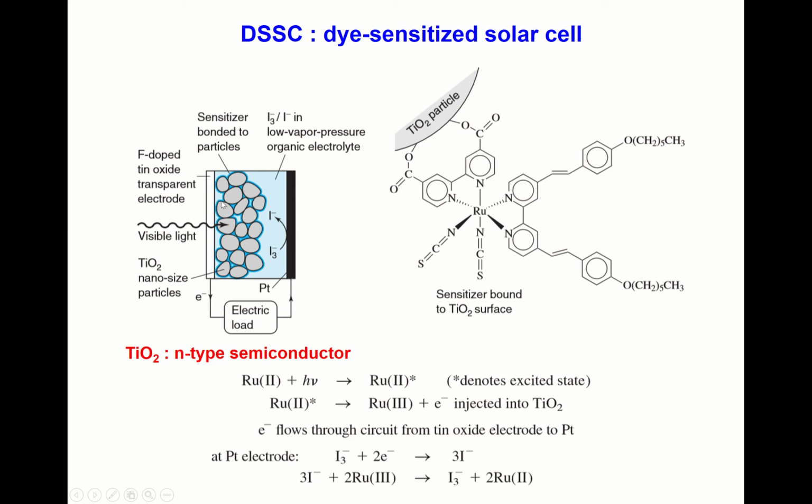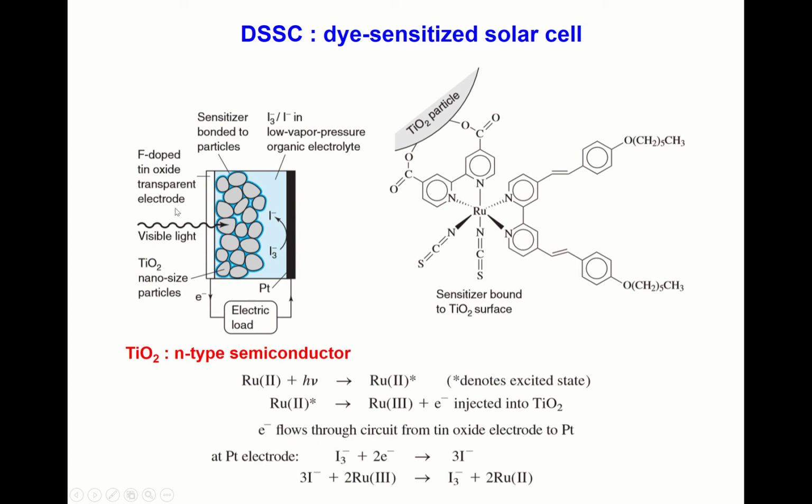Usually, they use a transparent electrode with high electrical conductivity. One good material is tin oxide. This is transparent, but its electrical conductivity is very high. But recently, people began to use fluorine doped tin oxide. It is called FTO.